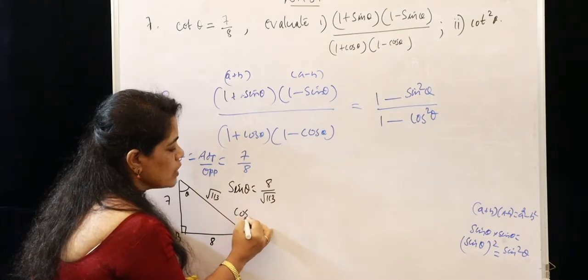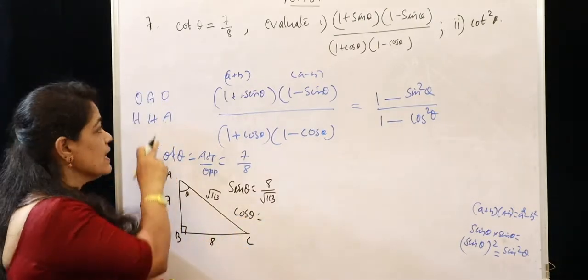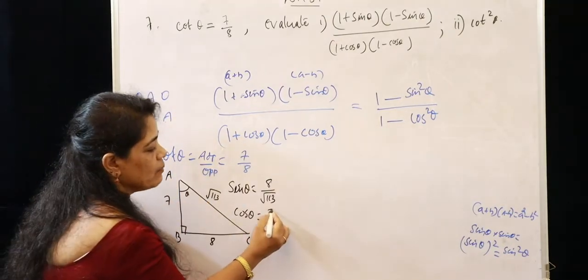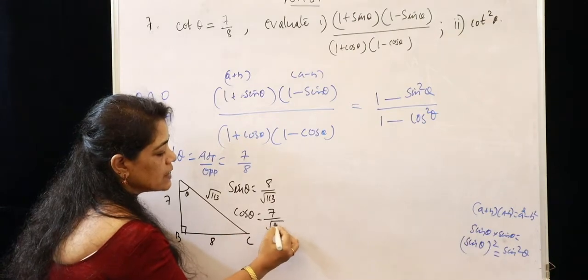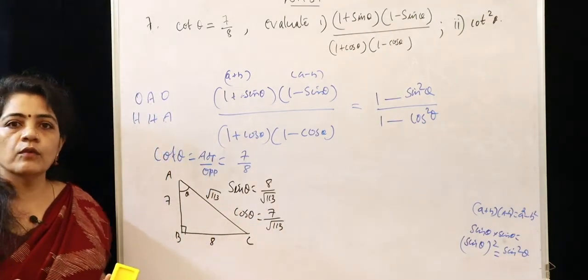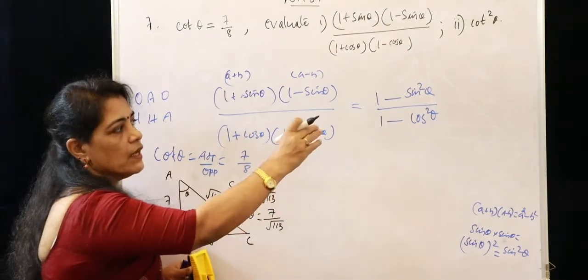Cos theta is equal to, with respect to angle theta, adjacent side by hypotenuse, that is 7 divided by root 113. Understood, children?